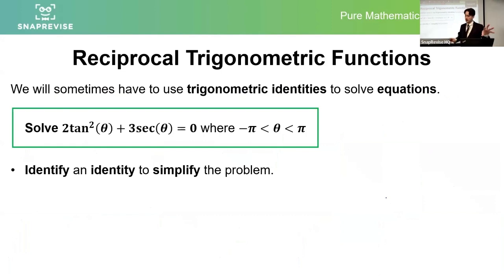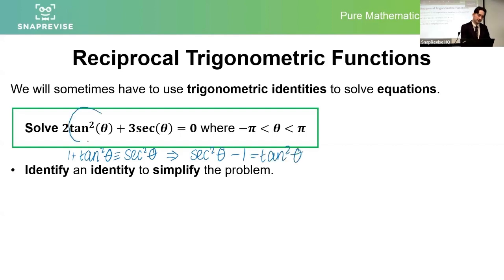Now it's got tan squared and it's got sec in it, and we know that there's an identity that involves tan squared and sec. So we know that 1 plus tan squared is sec squared. And I would say probably a rearrangement of this would be useful. So if you think about it, sec squared theta minus 1 is tan squared.